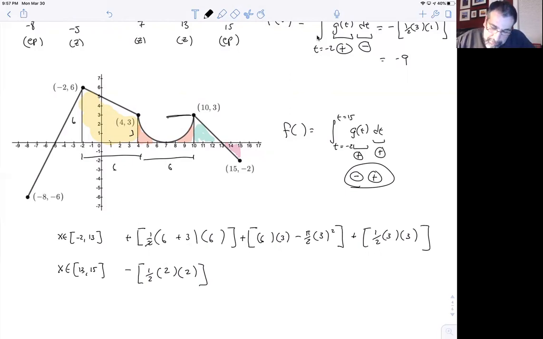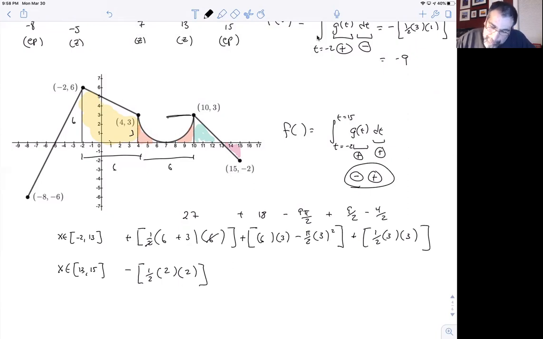This is going to be, if we do this out, 3 times 9, which is going to be 27. 27 plus, this is going to be 18 minus 9 pi over 2. This is going to be 9/2. And then down here, we're going to have a minus 4/2.